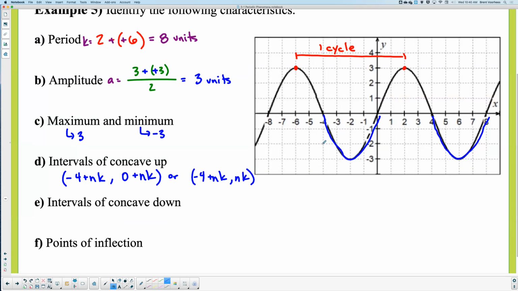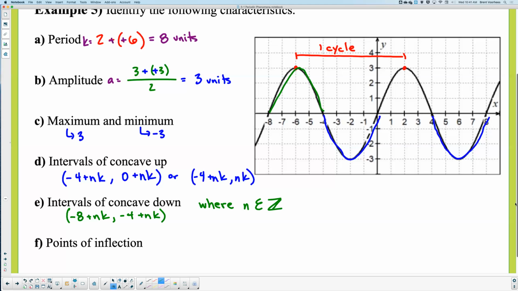Now, what about concave down? You could do -8 to -4, but this repeats every period, so put nK. And then it would go to -4 plus nK. For both of these, you would need to write where n is an integer. The integer symbol is the double Z.